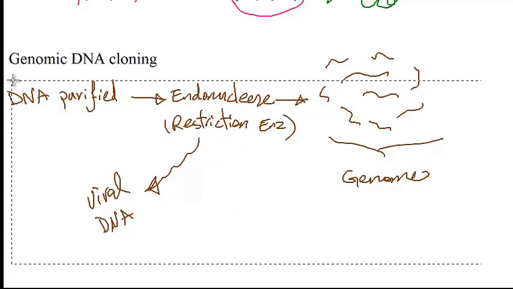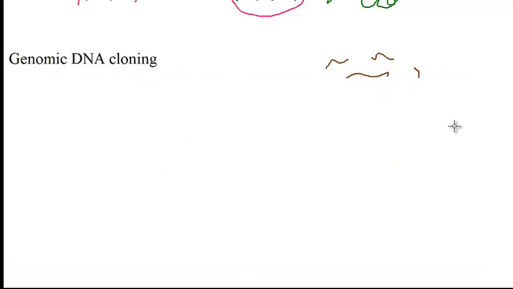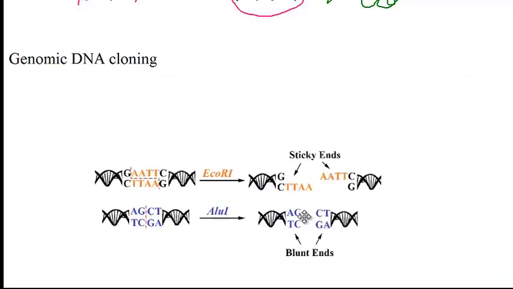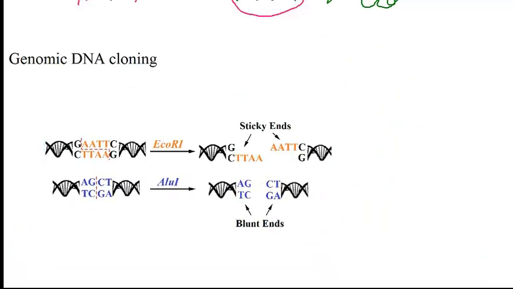So let me show you an example of a restriction enzyme. Here is another drawing that I have created for you. So there we go. We have different restriction enzymes. Here I'm giving you an example of two of them. One is called EcoR1, which recognizes this specific DNA sequence called GAATTC. So this is in one direction, and then reading in the other direction, it reads in the same order, GAATTC.